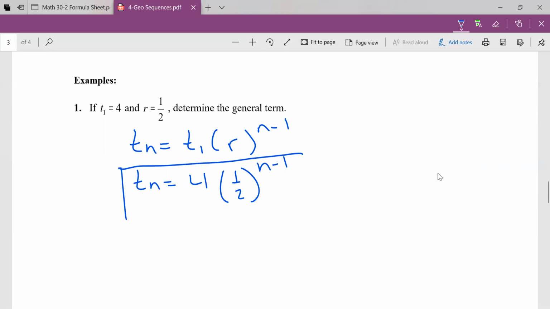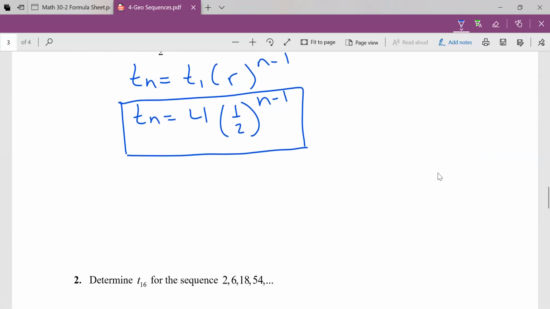However, on occasion, you may be asked to simplify this a little further. So to simplify this, here's what I'm going to do. I'm going to say 4 is really 2 squared. And if I remember back to grade 10, 1/2 is really 2 to the negative 1.